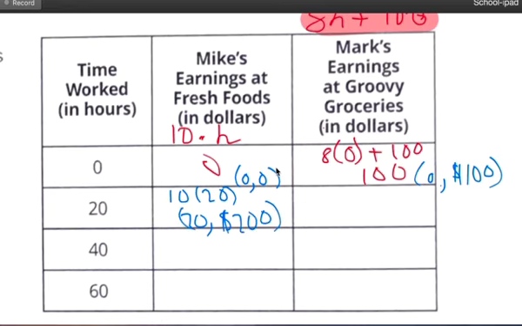At 20 hours, 8 times 20 plus 100 is 160 plus that, so at 20 hours Mark makes $260, right? Because 160 plus 100.